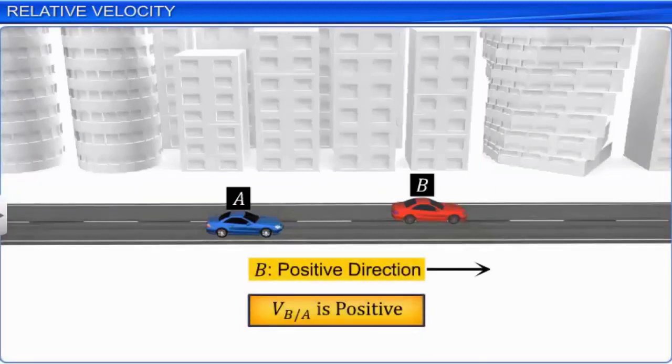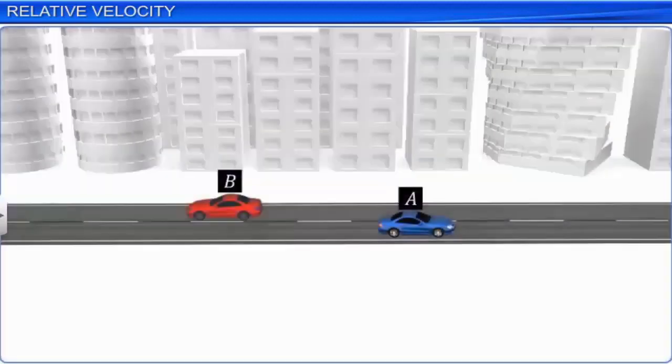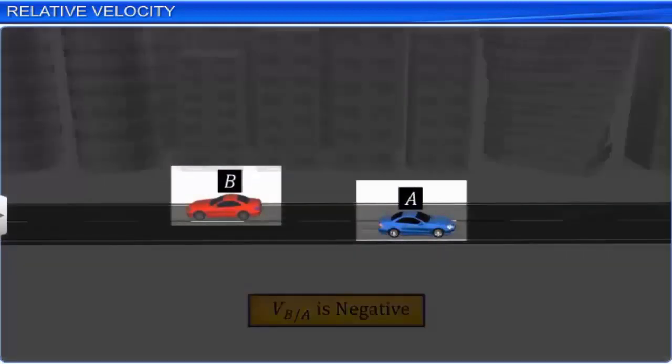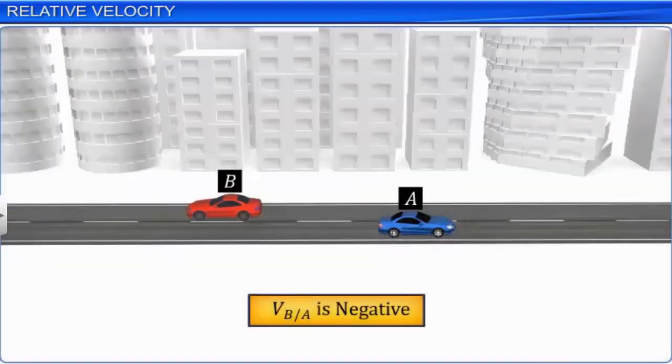A negative sign of vB/A means that when B is observed from A, the motion of B is in the negative direction, that is, leftward direction. This concept can be applied to determine the relative distance and relative velocity.